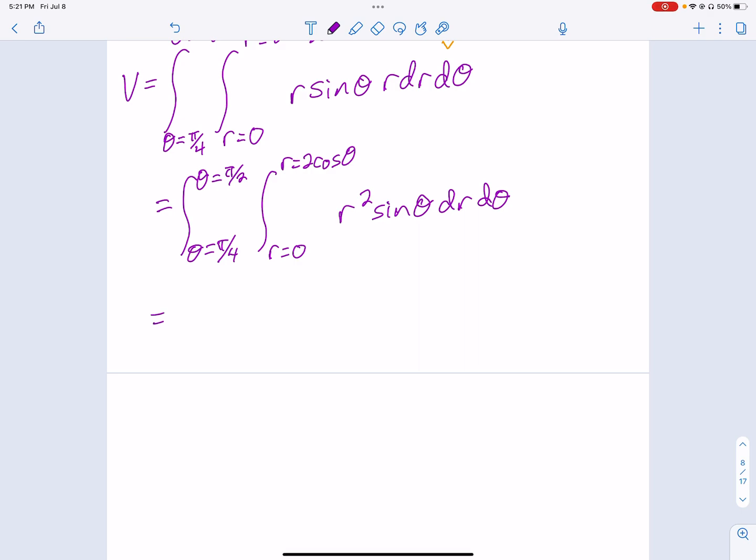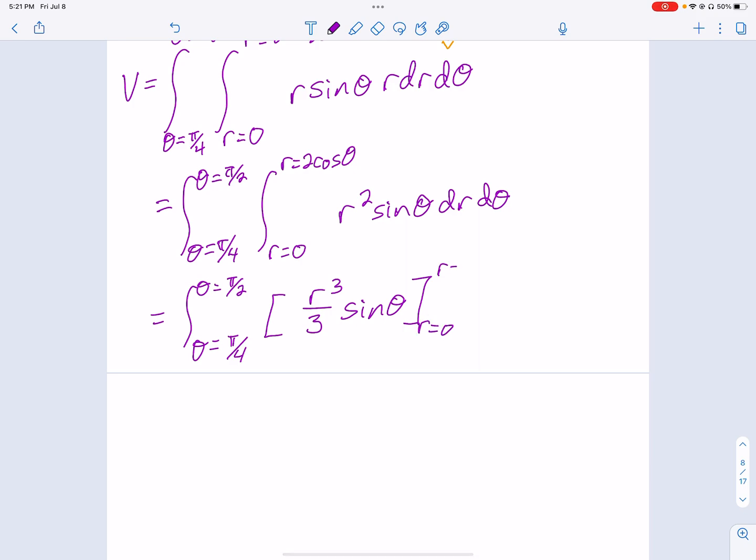All right, now I can integrate. So theta is pi over 4, pi over 2. Those are our bounds. Then I get r cubed over 3 sine theta from r equals 0 to r equals 2 cosine theta, d theta. We plug those in now.